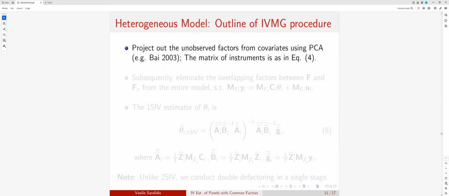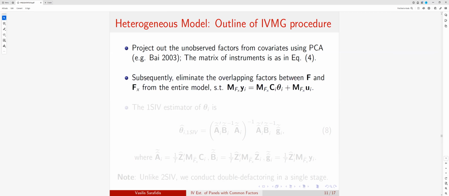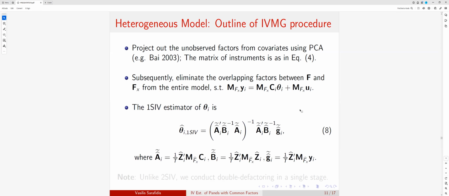This step is identical to what we do for the pooled model. Subsequently, we eliminate the overlapping factors between f and f_x by projecting out f_x from the entire model. The individual specific IV estimator of theta is given by this expression here.